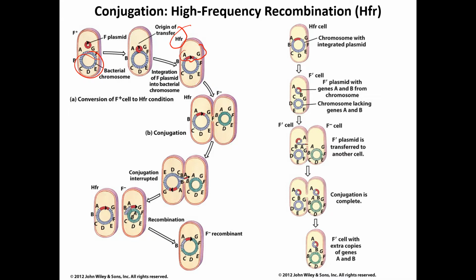Your HFR strain can interact with the F minus strain. Your HFR strain can still synthesize your sex pili. The F plasmid that's inside the nuclear DNA will begin to replicate and be transferred into the F minus cell.